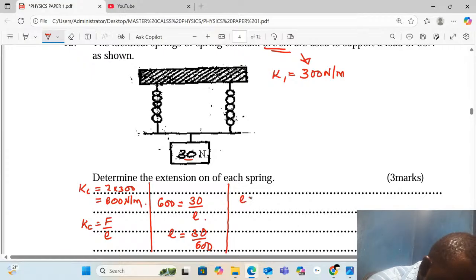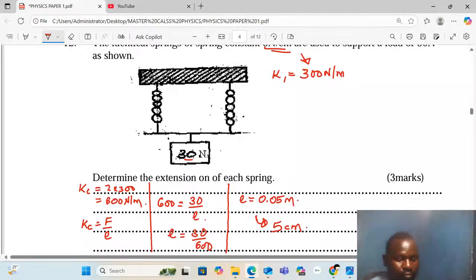So our E is equivalent to 0.05 meters. So that will be the extension for each spring in that case. This is equivalent to 5 centimeters.